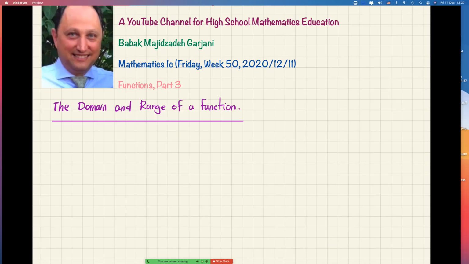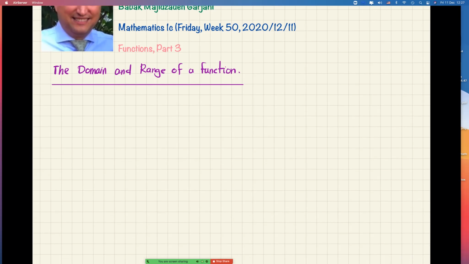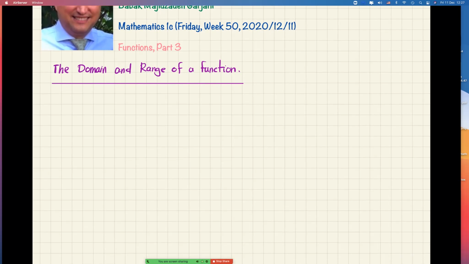So I would say that the domain is a set of numbers that your function can accept from you. For example, if I talk about this function, f of x equals a very simple function, x plus 2, it is clear that this function can accept any number, even real, even imaginary numbers. But for this lesson, even if some of you know about complex numbers, forget about that.